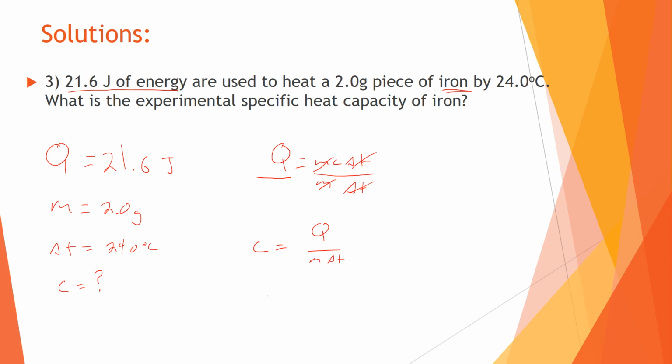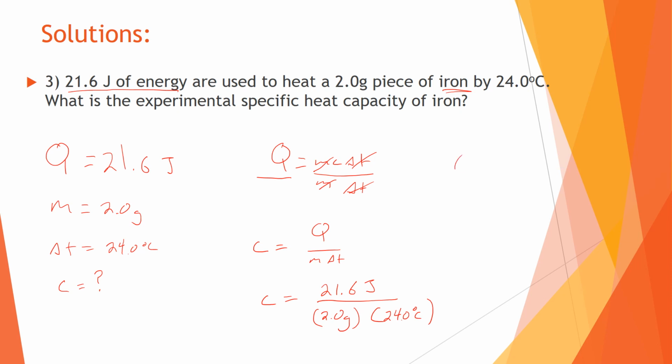C is equal to 21.6 joules divided by 2.0 grams times 24.0 degrees Celsius.